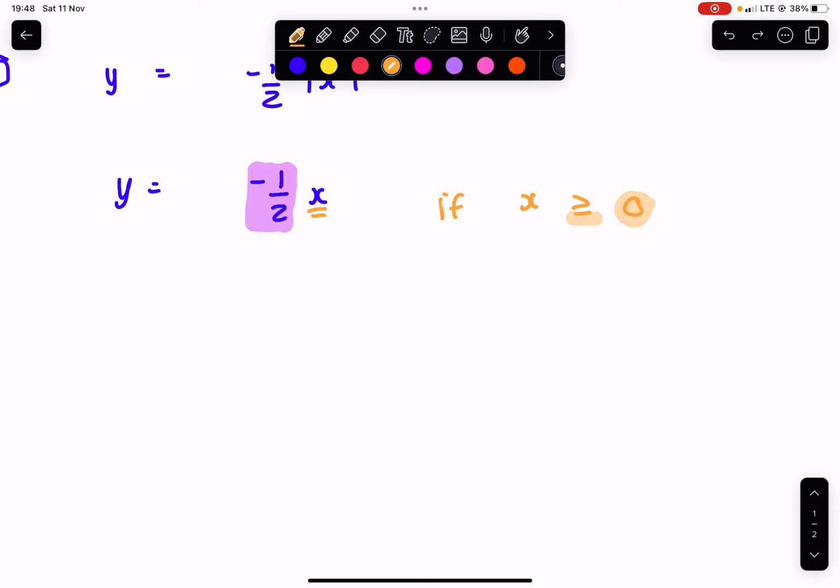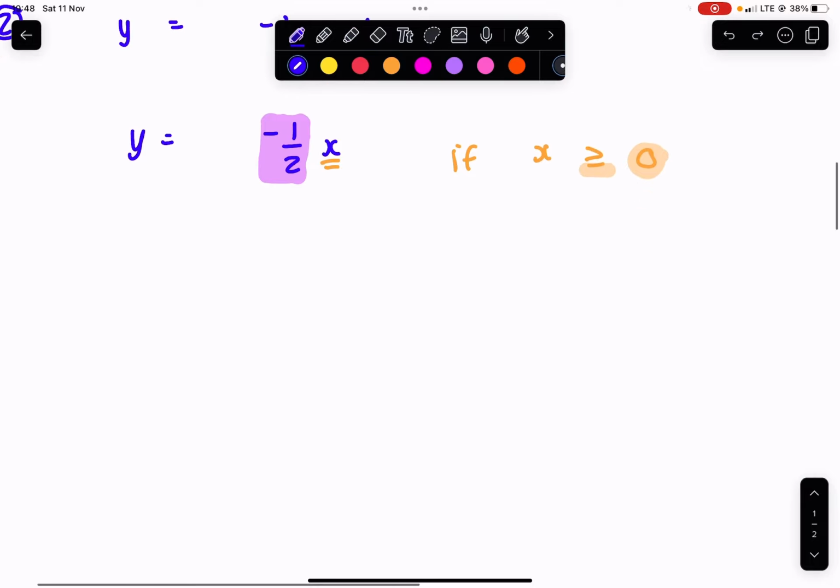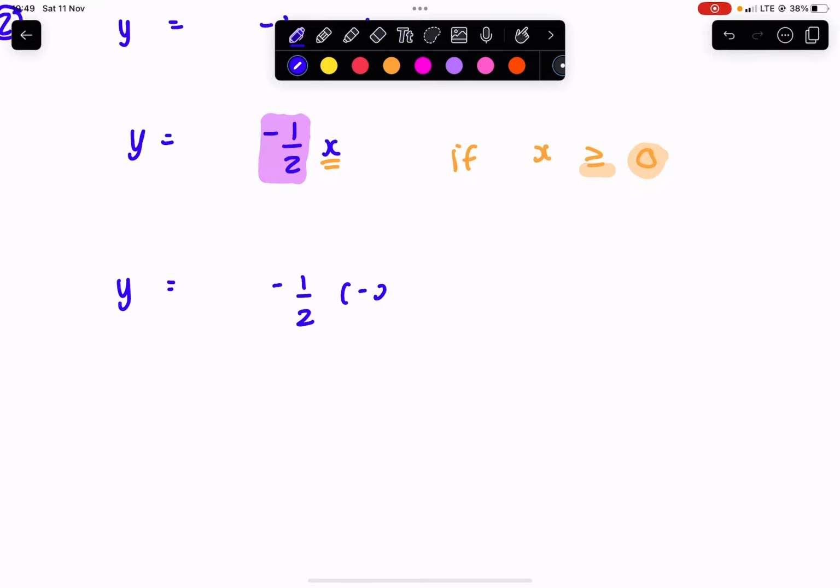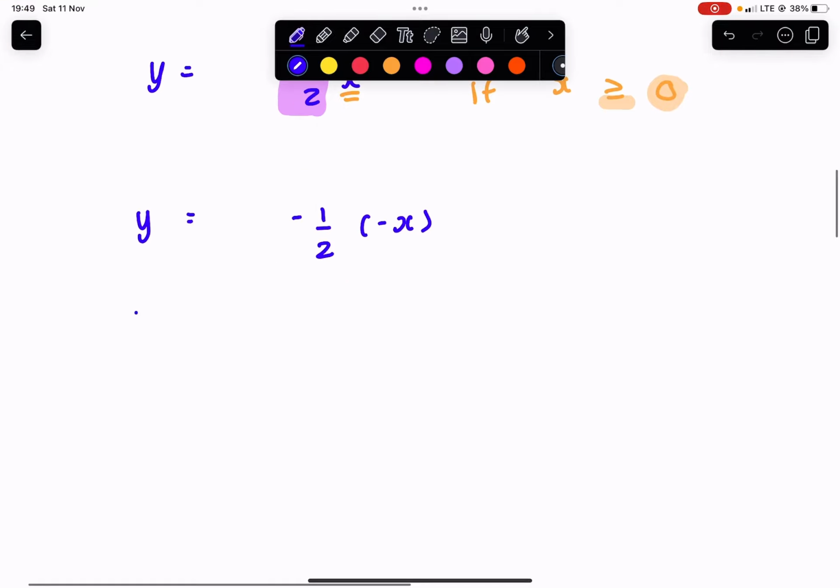Then, let's deal with our second equation, because we know we must have one. Y equals negative 1 over 2 of negative x. So an easy way to say that is just simply x over 2.